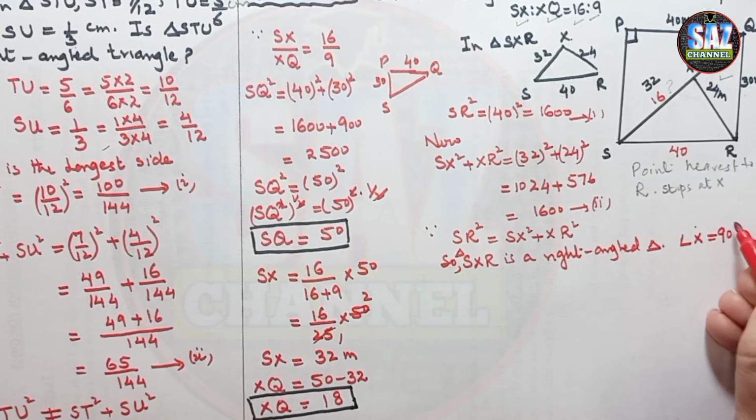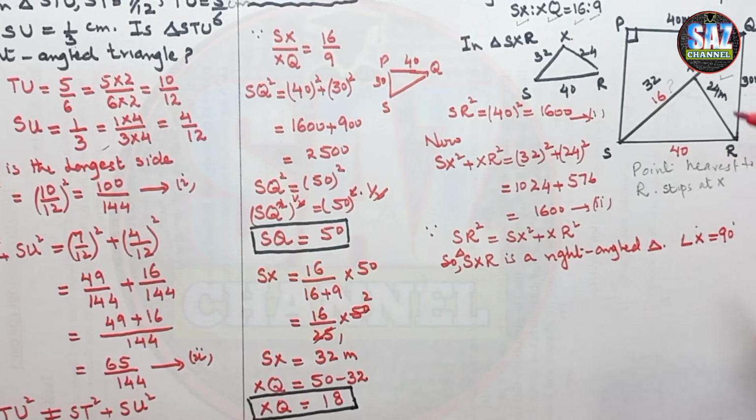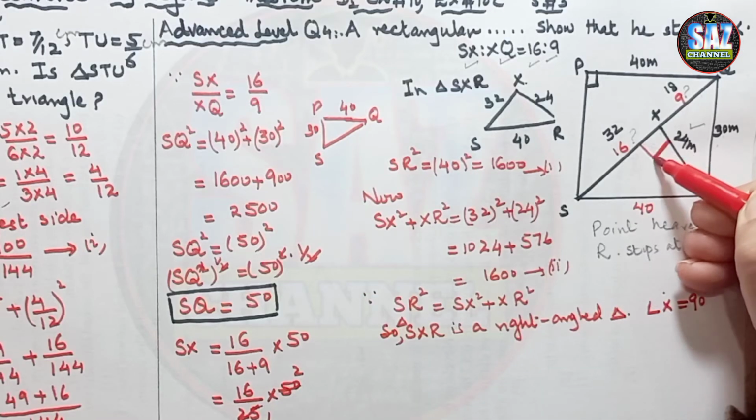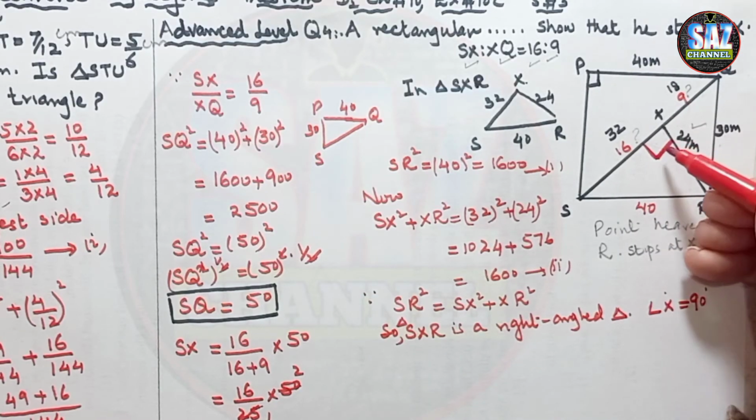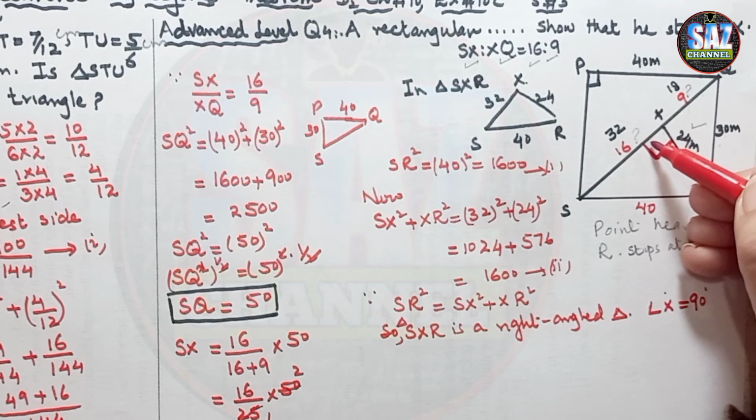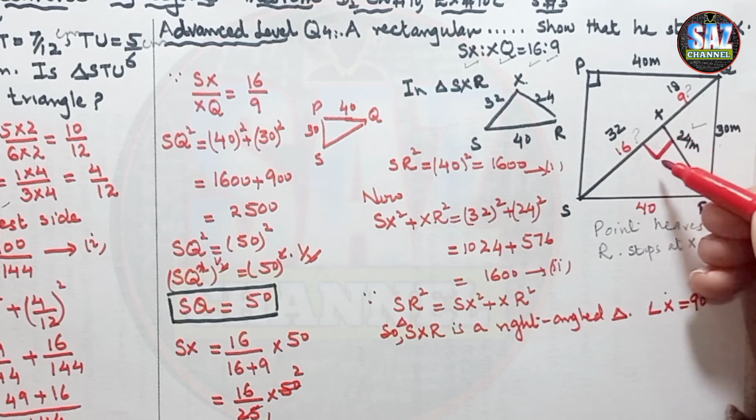And why and how we are deciding, because converse Pythagoras theorem says that if the square of the longest side comes same as the sum of squares of the other two shorter sides, then the triangle will be a right angle triangle, and 40 is the longest side. Okay, and so that's why it will be the right angle at vertex X.